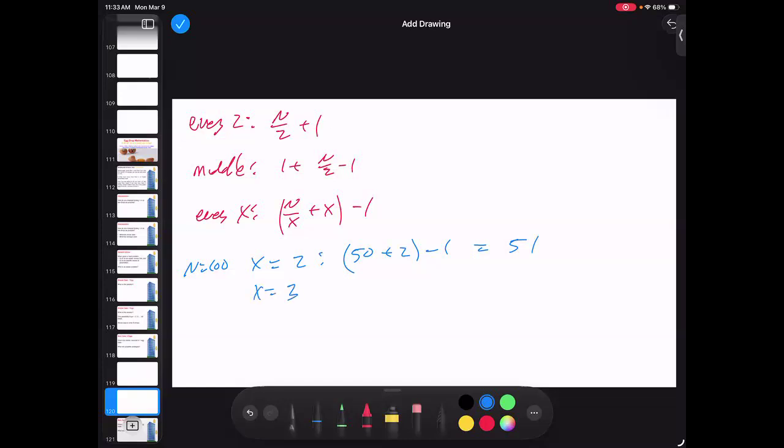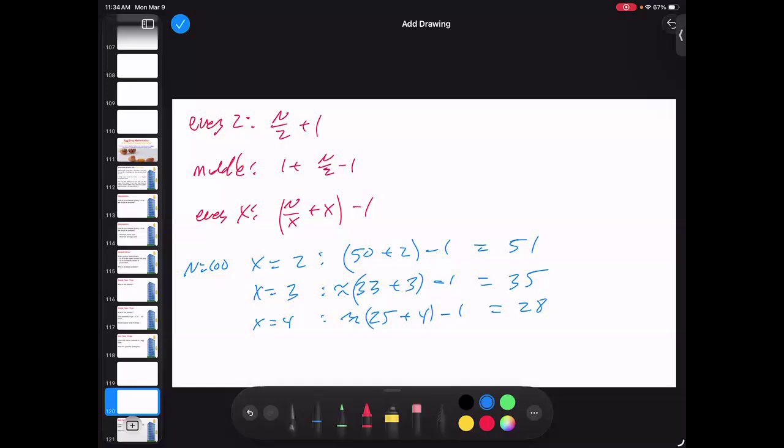When x equals 3, it's basically 33 plus 3 minus 1, so that'd be roughly 35. If I take x equals 4, we would get 25 plus 4 minus 1, 28.